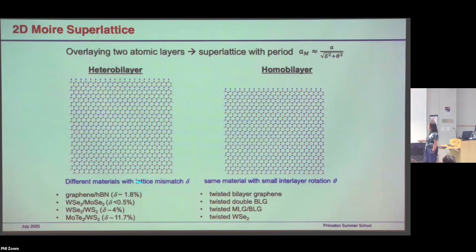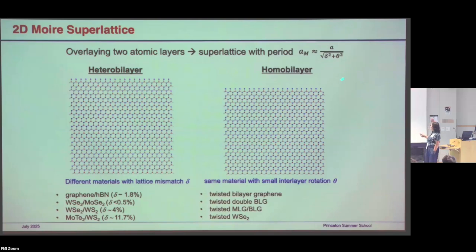In the first case, you call it a heterobilayer; in the second case, a homobilayer. The superlattice has a period which is roughly the original lattice constant divided by either the lattice mismatch or the rotation angle. The angle has to be in radians, just so you know.